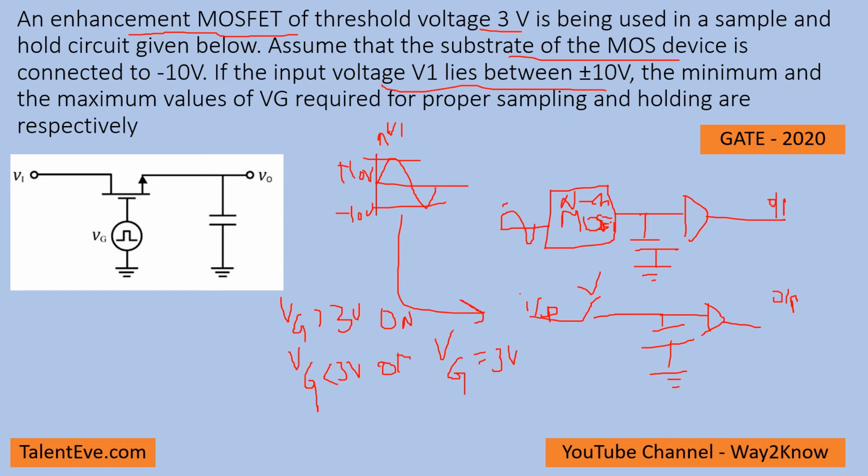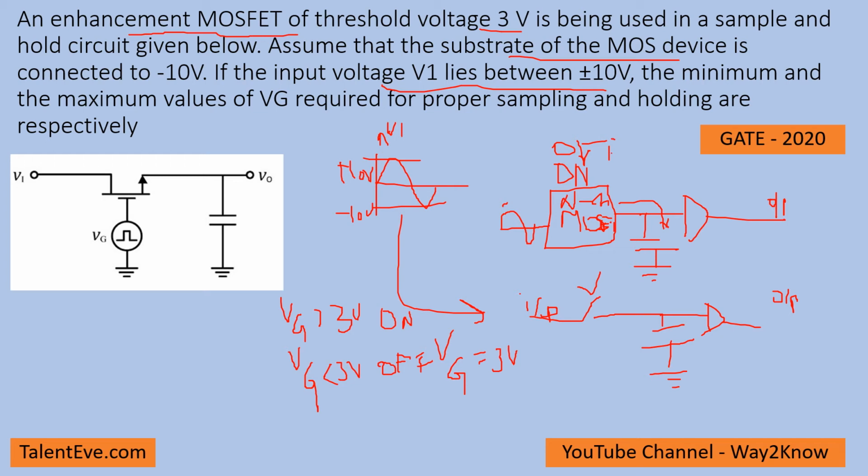Now we need to understand how a sample and hold circuit operates. When this transistor is on, that is called the sampling period, where the input will be charging this capacitor. The MOSFET is then turned off so that this voltage is held across the capacitor.